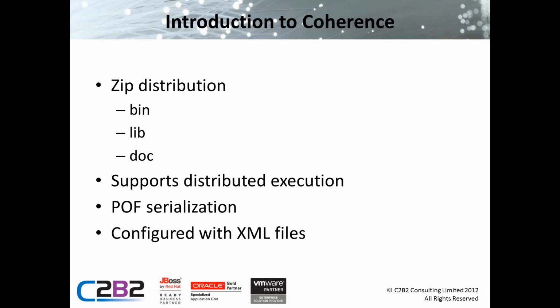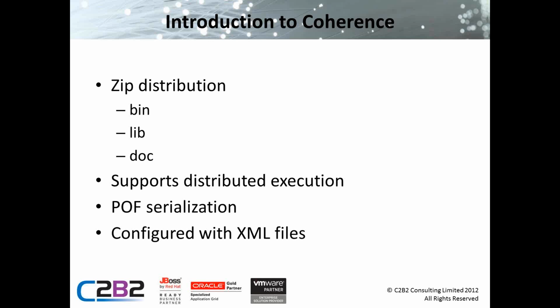The way serialization works in Coherence, it can work over multiple different languages, and it can work over multiple different versions of the same object. So it's very flexible and quicker than the standard Java serialization methods.